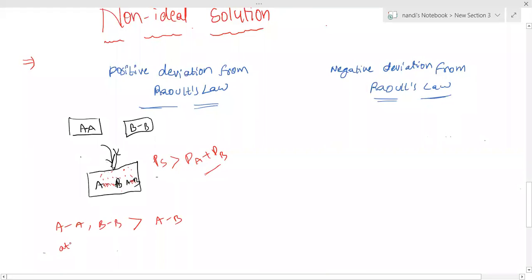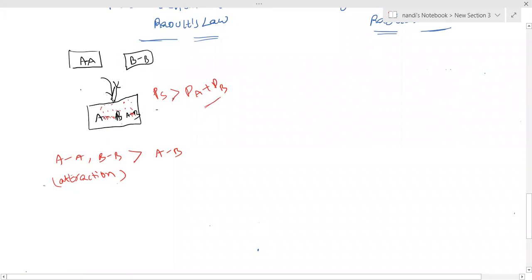In terms of attraction, AA and BB attraction is stronger than AB attraction. That's why AB is a weak attraction, and they are evaporating very easily. When they are evaporating easily, delta H is also positive, sir.